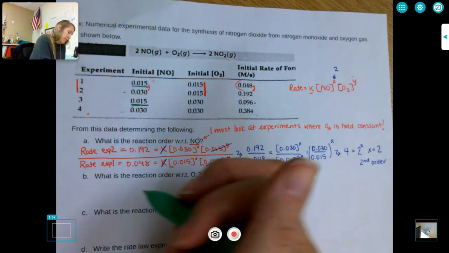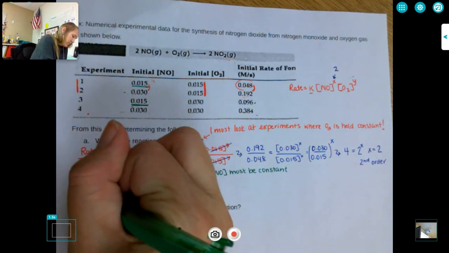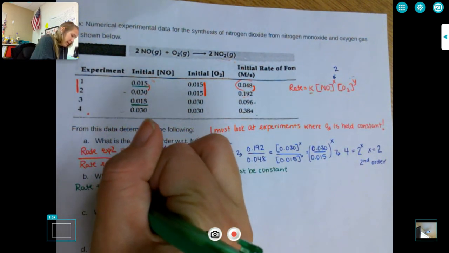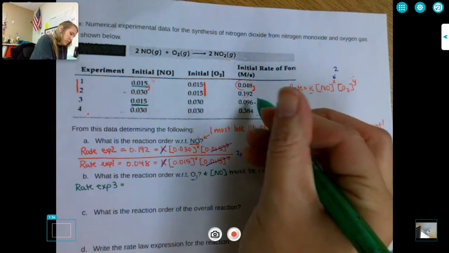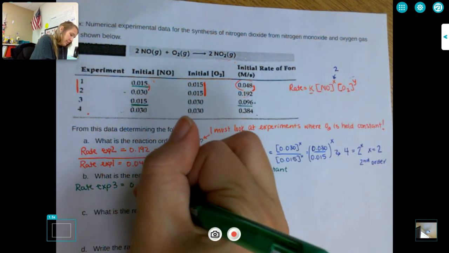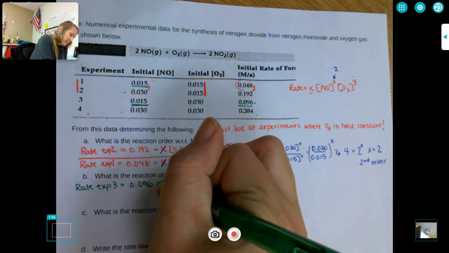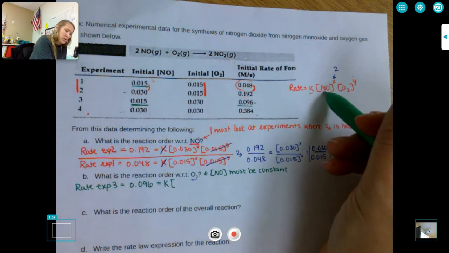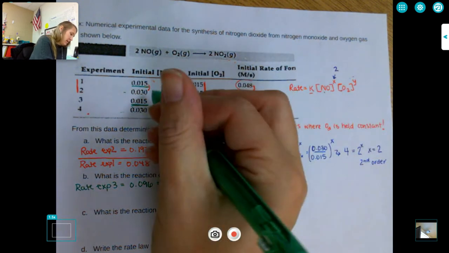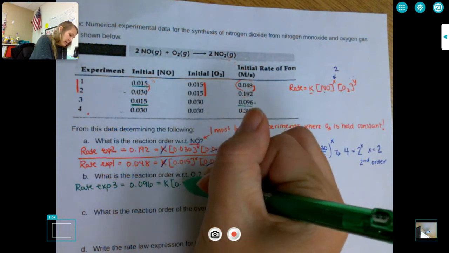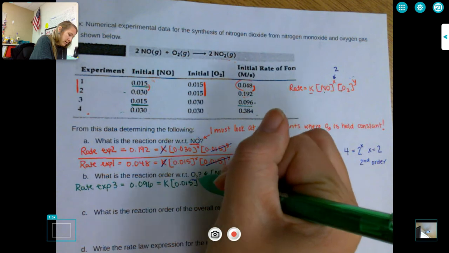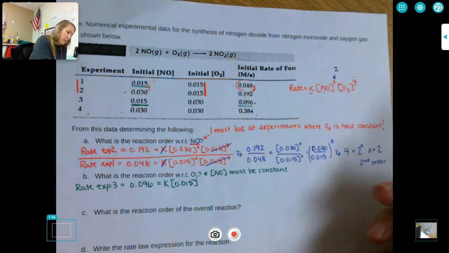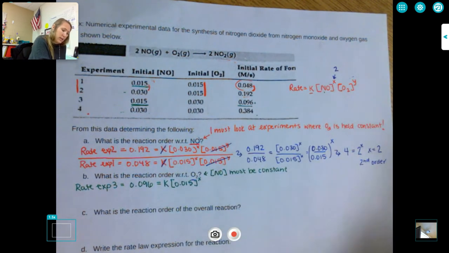I get whole numbers. So I've got the rate of experiment 3, which is 0.096, equal to K times my concentration of nitrogen monoxide, which is 0.015. And we can write X, or we can put in the 2. I'm just going to write X and pretend I don't know it yet.